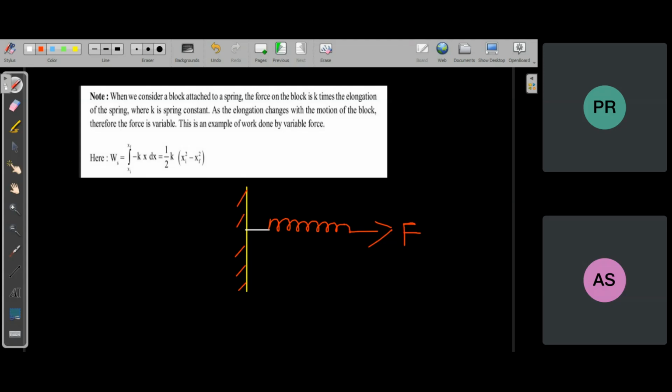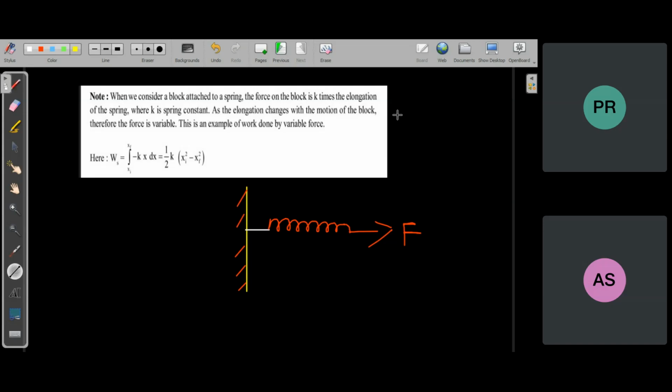And now there is a force which is acting, which is elongating it, changing its elongation from x1 to x2. And obviously this external force will also be variable. It is stretching the spring slowly without imparting any kinetic energy.